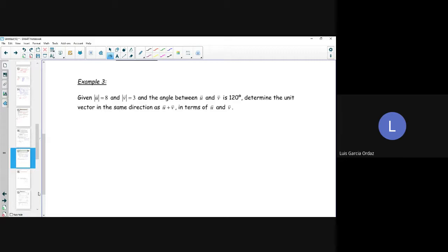So I've given the magnitude of u being 8 and the magnitude of v being 3, and the angle between u and v is 120. Determine the unit vector in the same direction as vector u plus vector v in terms of u and v. So I'm going to start with my drawing. This is my tail.